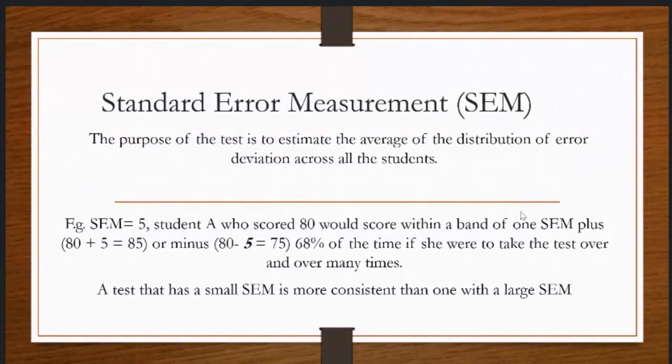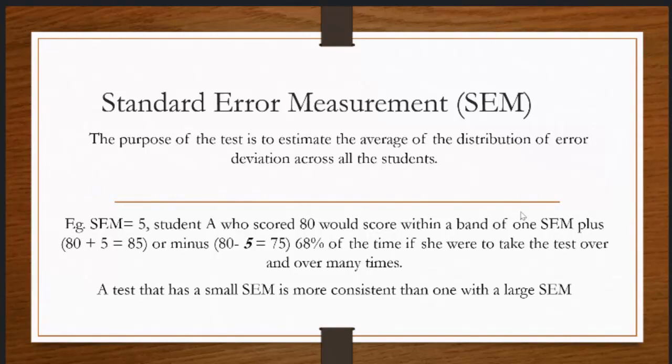For example, if the SEM is 5 and a student scores about 80, his score would probably fluctuate between 75 and 85, around that band. So we can predict the score of that student.